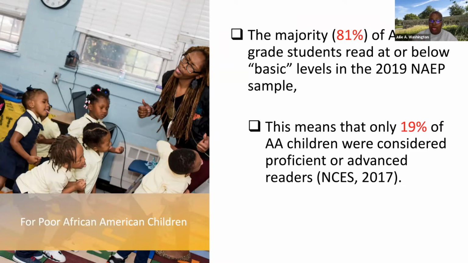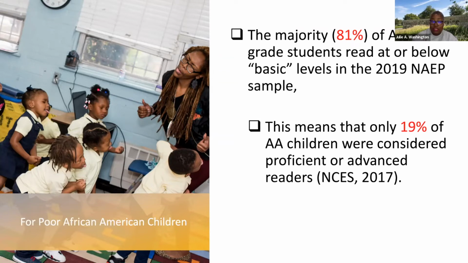So they have not mastered early reading yet by the time African-American kids get to fourth grade. This means that fewer than 20% are actually proficient, and probably even fewer still are advanced.